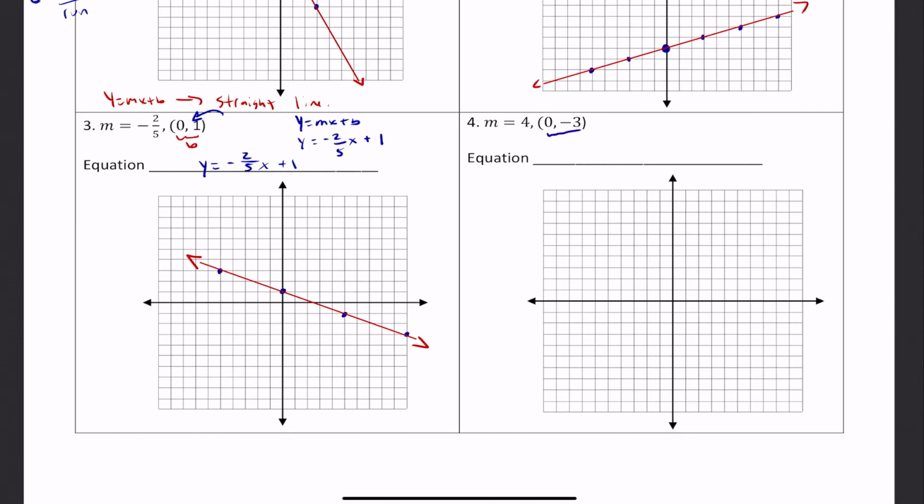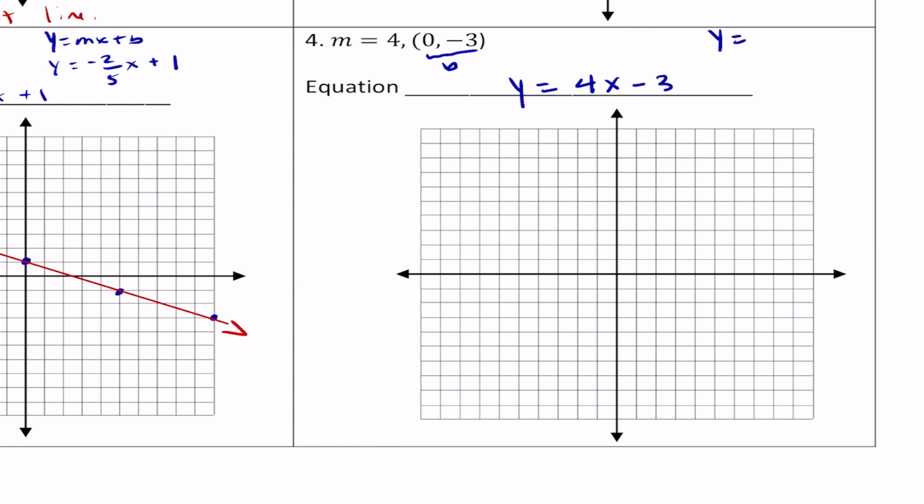So this right here is b. So y equals 4x minus 3. I start at (0, -3).